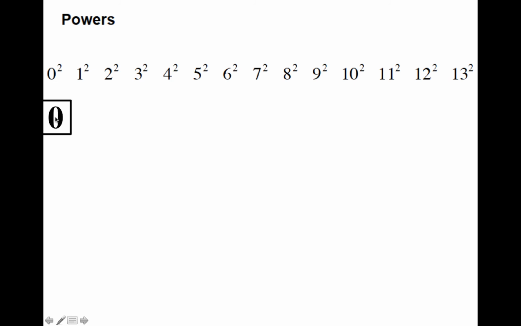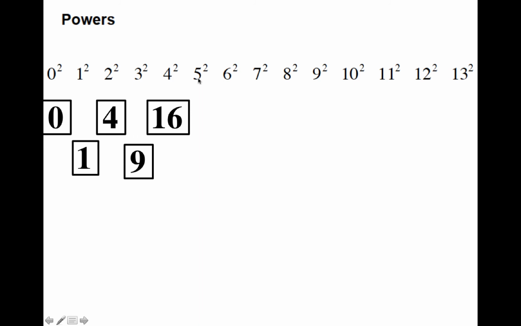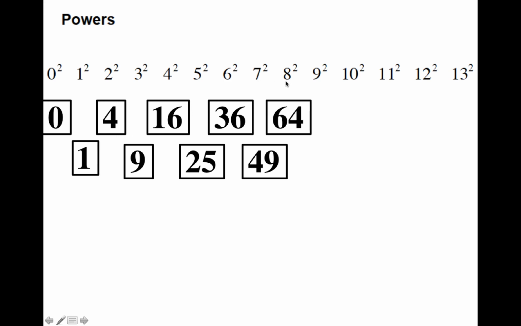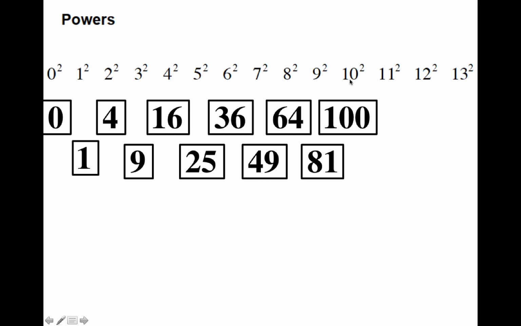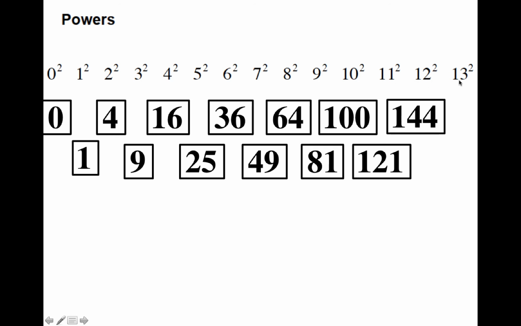So 0 squared is 0, 1 squared is 1, 2 squared is 4, 3 squared is 9, 4 squared is 16, 5 squared is 25, 6 squared is 36, 7 squared is 49, 8 squared is 64, 9 squared is 81, 10 squared is 100, 11 squared is 121, 12 squared is 144, and 13 squared is 169. You should be somewhat familiar with all of these.